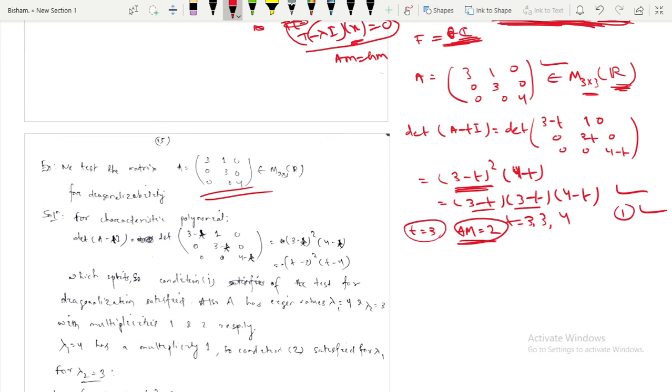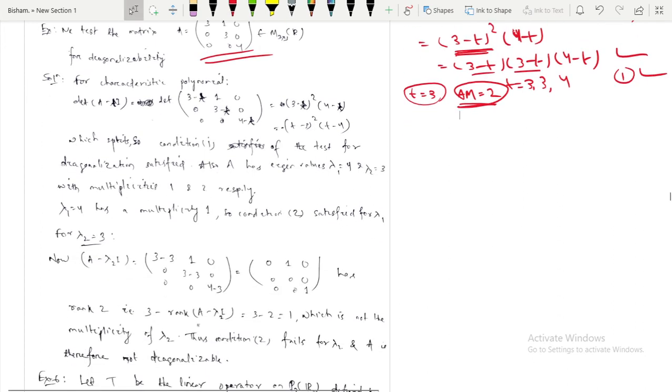If you find its geometric multiplicity, that means the null space of t minus lambda I, what will it be? First evaluate t minus lambda I, where your lambda is 3.